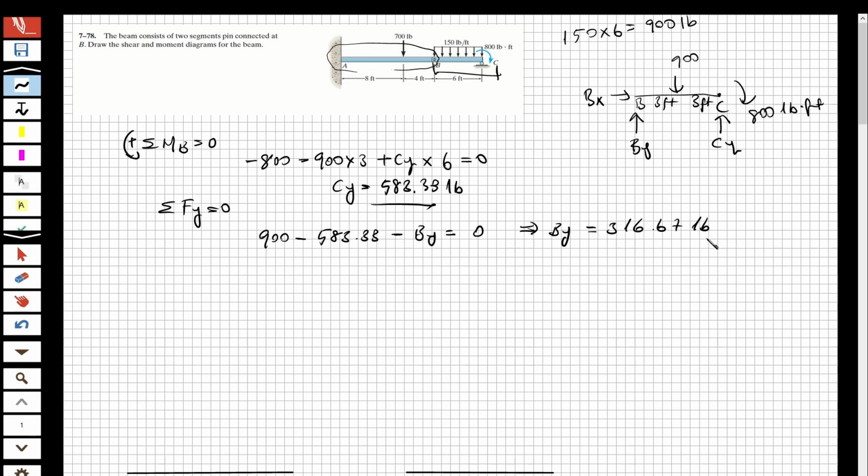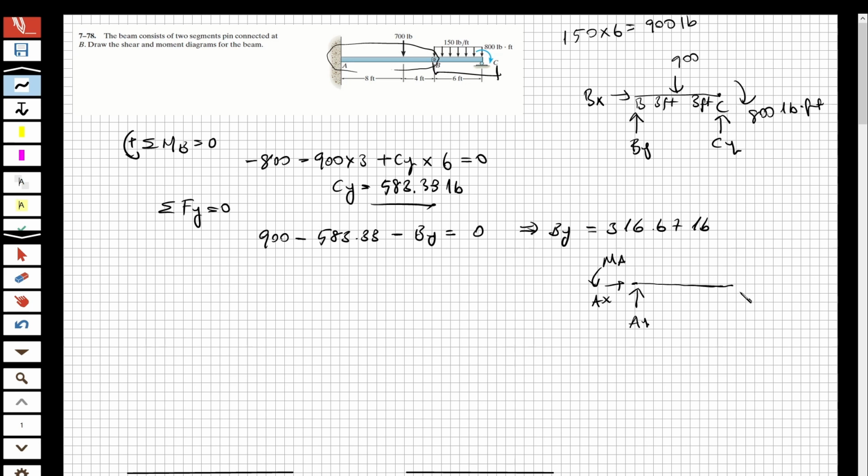I'm going to draw the free body diagram of this part. It's going to be something like that. For example, this is fixed. I have Ay, I have Ax, and also I have Ma.